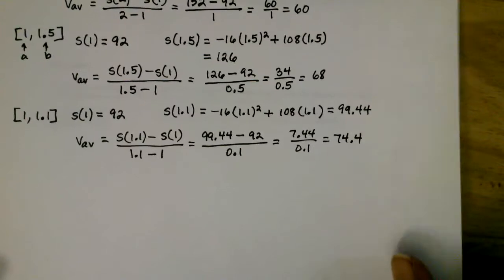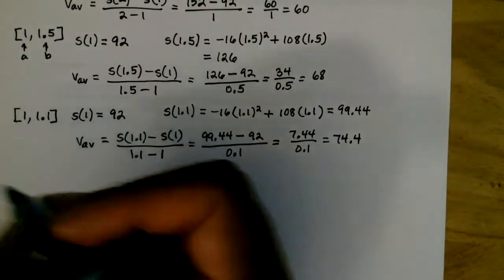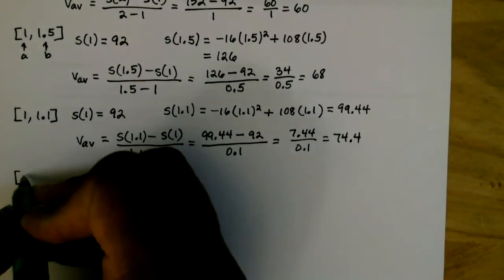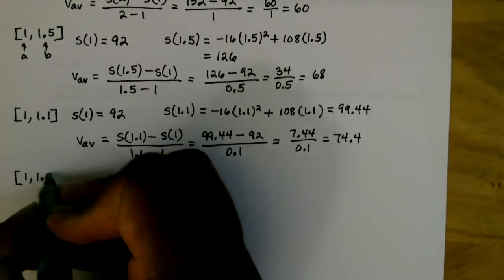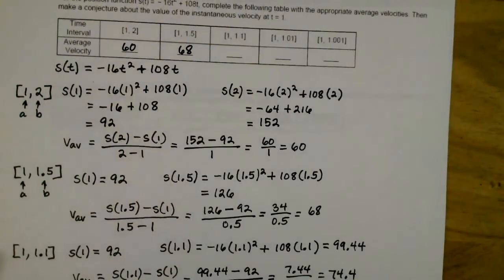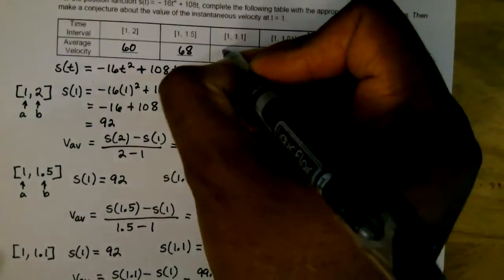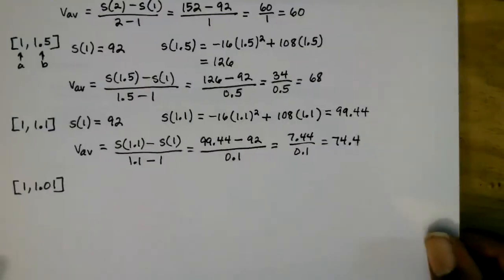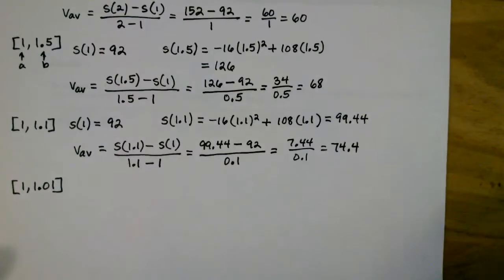Now, what about from 1 to 1.01? And by the way, let me go ahead and fill in these numbers here in that table. From 1 to 1.5 that's 68, from 1 to 1.1, that's 74.4. So as you can see, this is going to be approaching a number. We don't know what that number is yet.